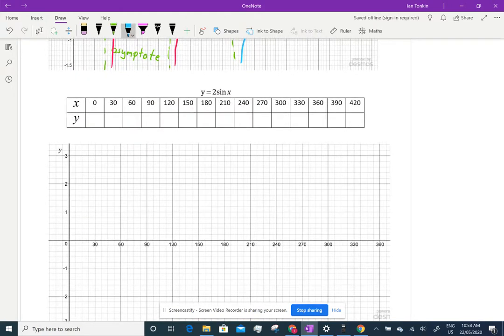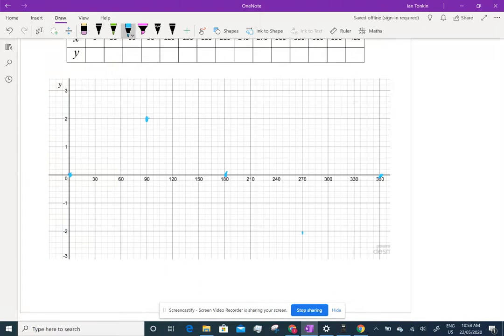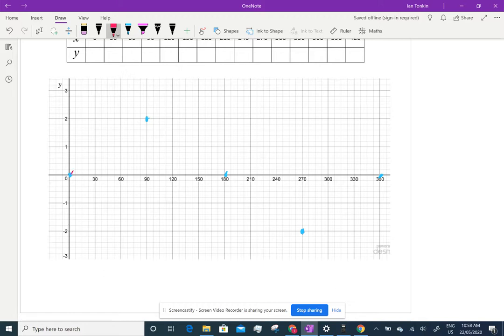So let's put some points in. 0, 180, and 360. But it's going to go up to 2, which means it's going to go down here to negative 2. Now you can go and plot the points if you want, but you're going to get a curve like that. That first bit's a bit dodgy, I'll do it again.